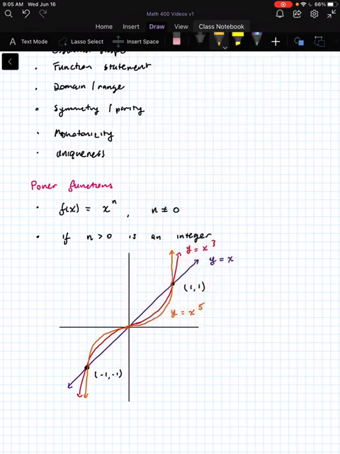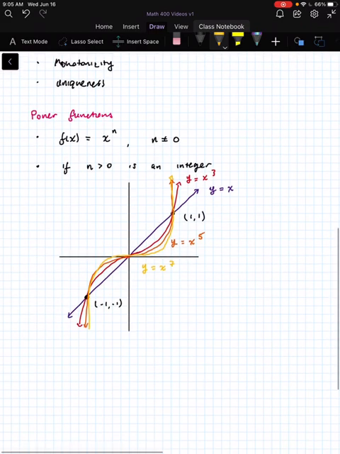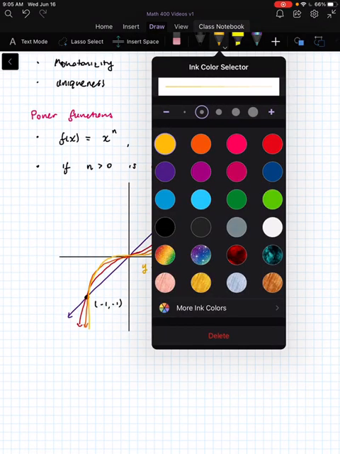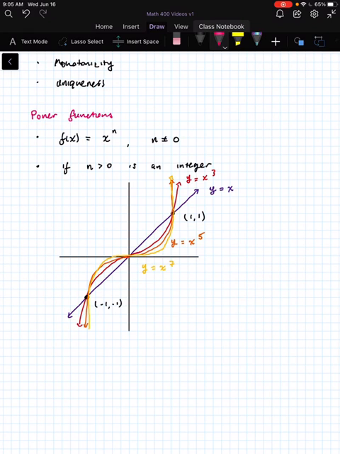And we could keep going in this way, and eventually we'll find some very extreme looking power functions. So these are all, you may have guessed the pattern now.